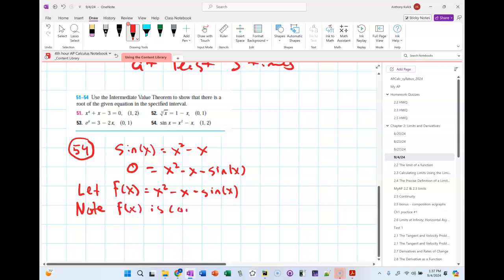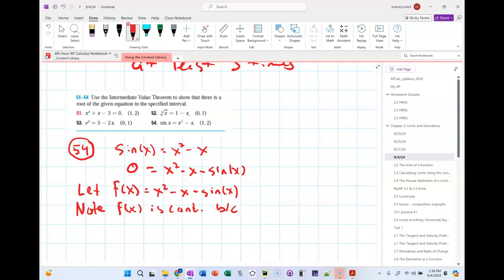Why can I say that? Before I start using the intermediate value theorem, I have to show continuity of f of x. If I don't have that, nothing else matters.